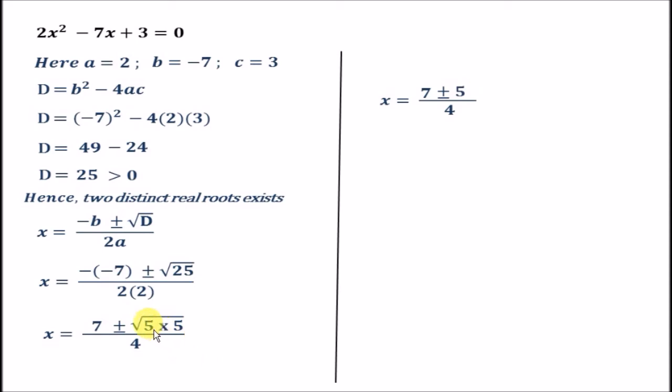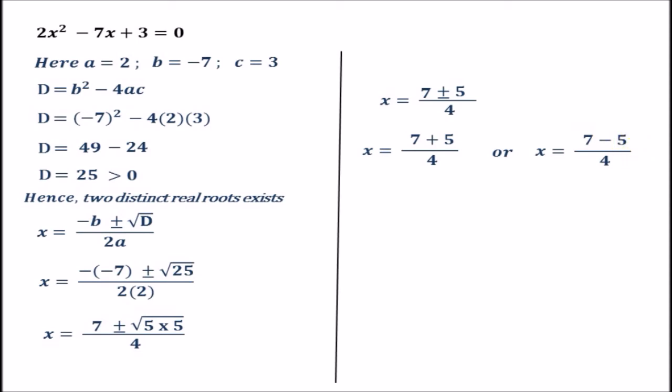We are taking 5 out of the square root. Now we have two different cases where we need to take plus 5 and minus 5. So x equals to 7 plus 5 by 4 or x equals to 7 minus 5 by 4.